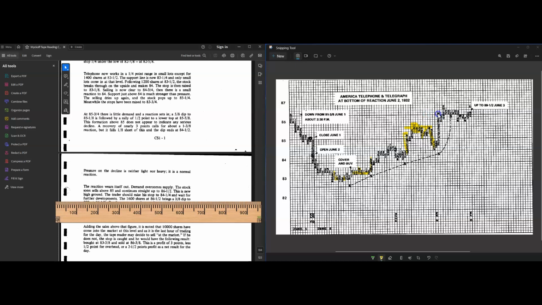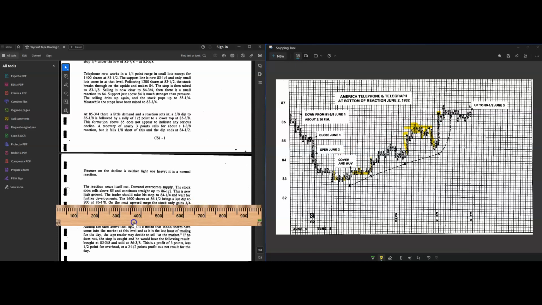It's just up here, the little climactic action right here. Right, that's what he's talking about. Those are minor climaxes. By minor I mean just in that one little brick, and it's a high volume, and because of that you have a dip. All right, the 1600 shares at 86.5 bring a 3/8 dip to 200.